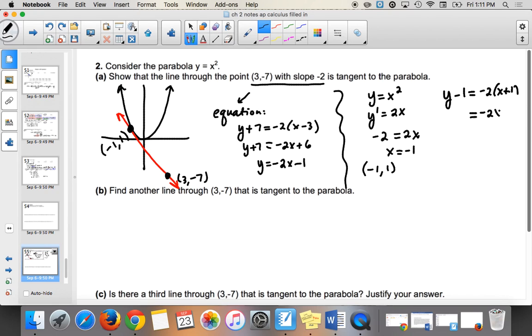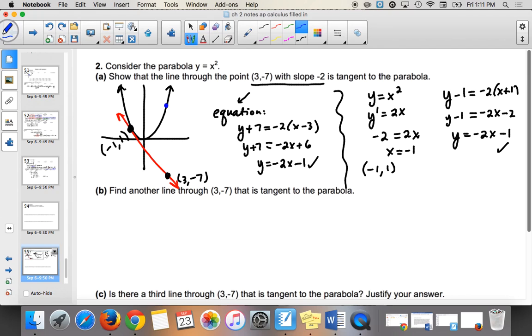So I get negative 2x minus 2, and then I add the 1 over, so I get y equals negative 2x minus 1. Are these the same lines? Yeah, so those are the same. So the line that went through negative 1, 1 was the same as the original line that went through 3, negative 7. All right. So B says, find another line through 3, negative 7 that's tangent to the parabola.